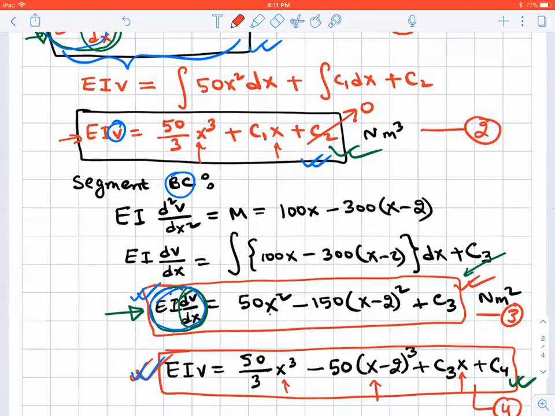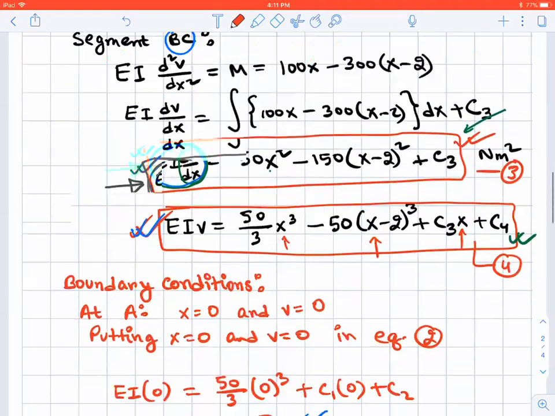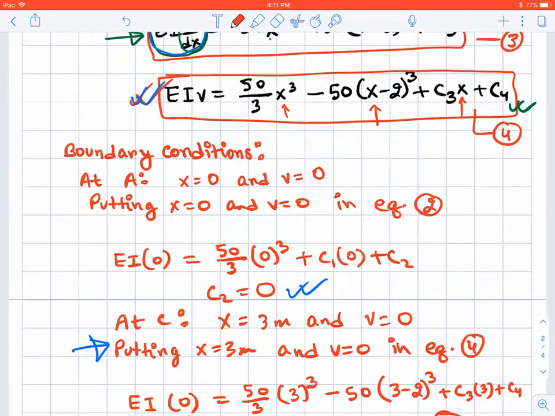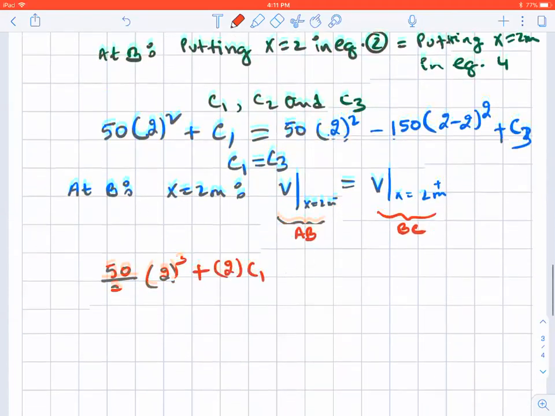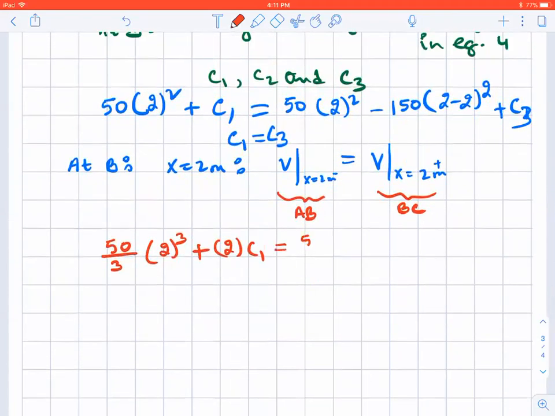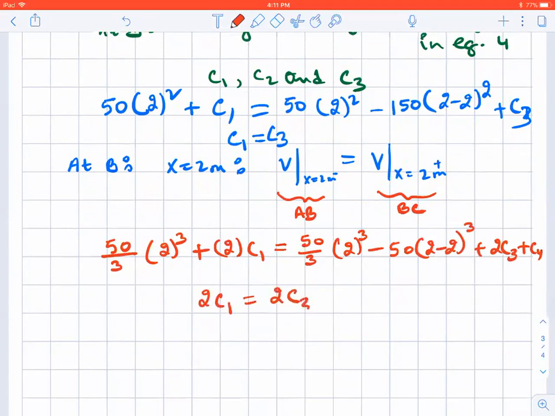If you remember, that's what we got last time, so I'm not going to write it. Now this must be equal to 50 by 3 times 2 cubed, minus 50 times (2 minus 2) cubed, plus 2C3 plus C4. So I end up getting 2C1 is equal to 2C3 plus C4.